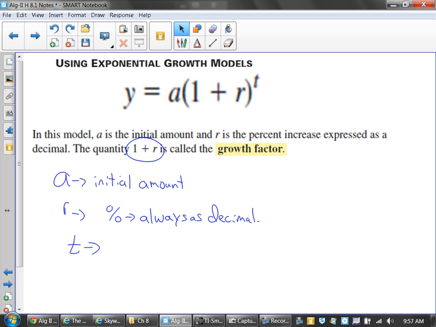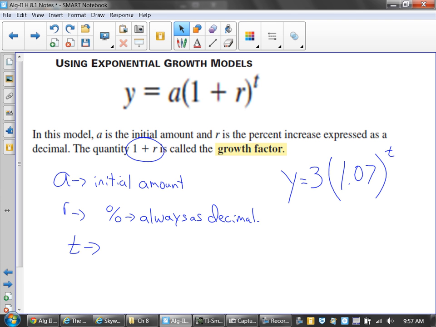Within some of these problems, it'll write out a function for you and ask you what the rate is. It's very easy to distinguish what that percentage will be. For example, let's say you had y equals 3 times 1.07 to the t.